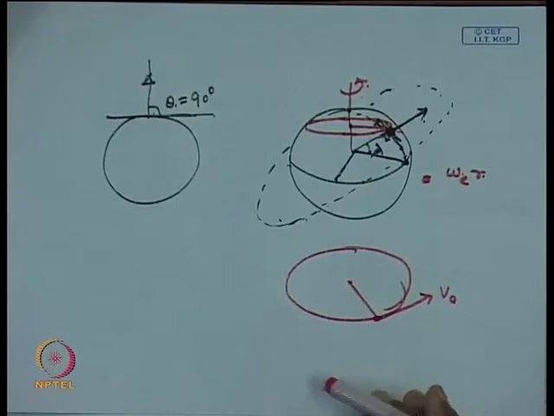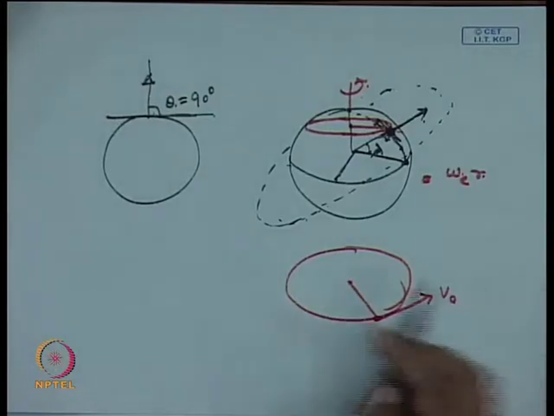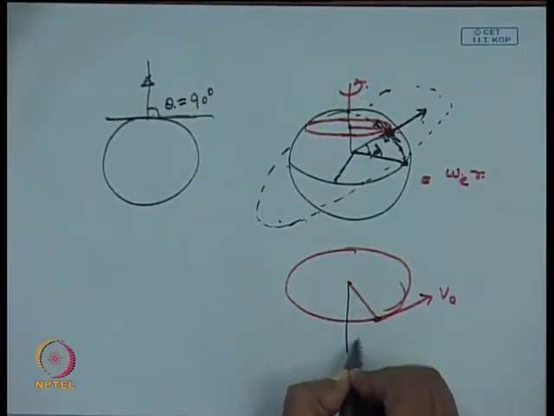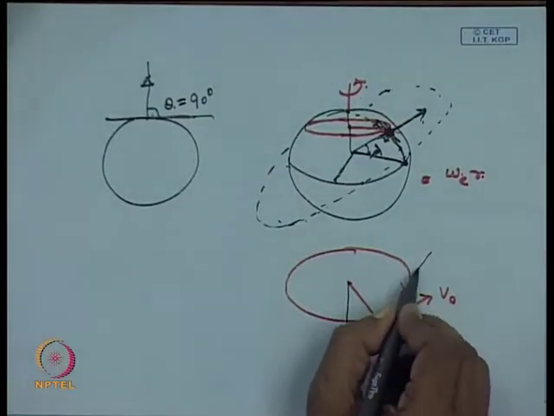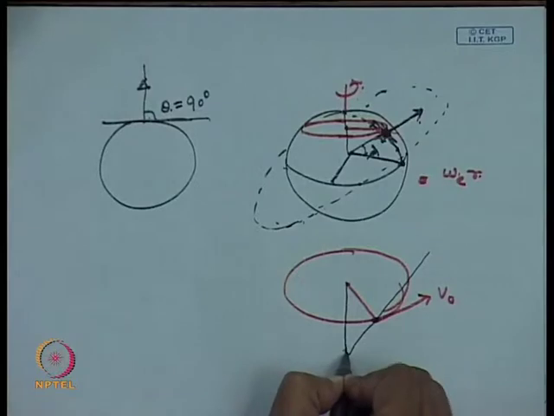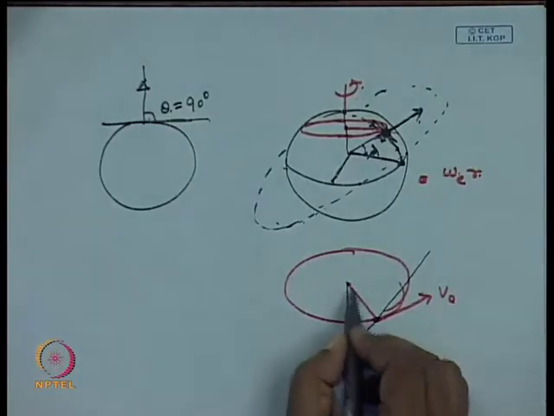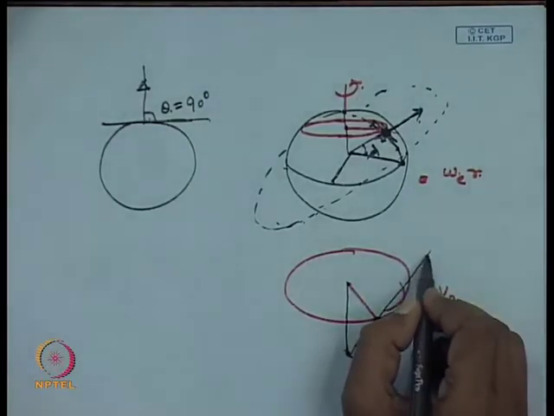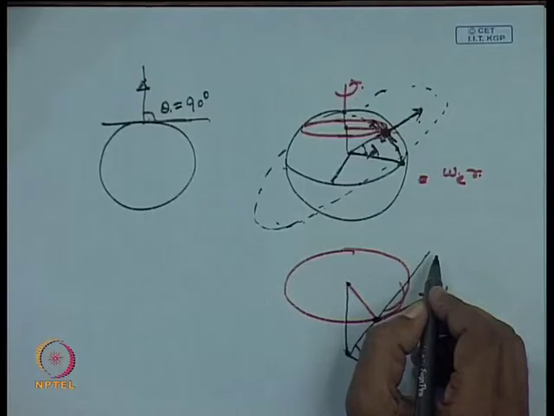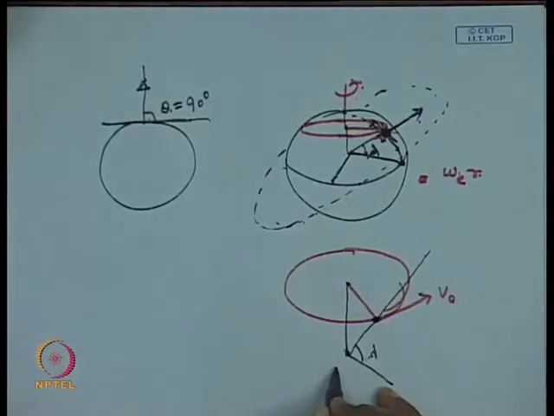While launching the rocket, this is the lambda angle as shown here, and this is the center of the earth.